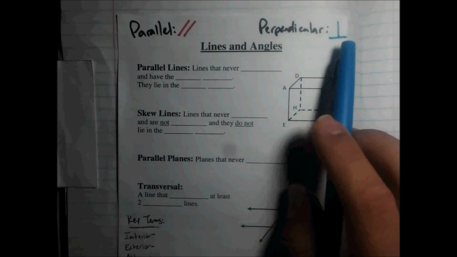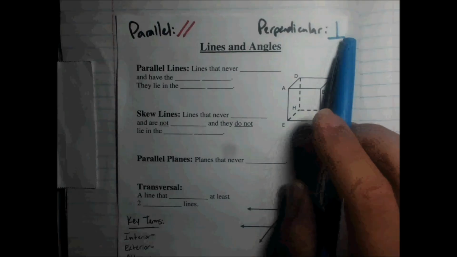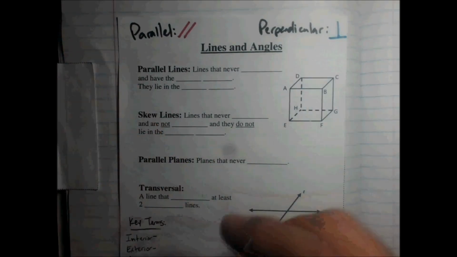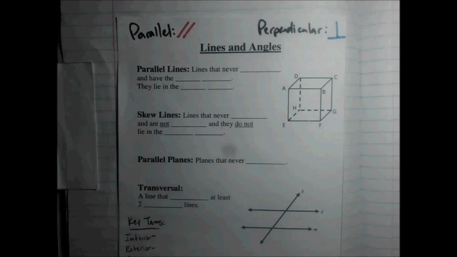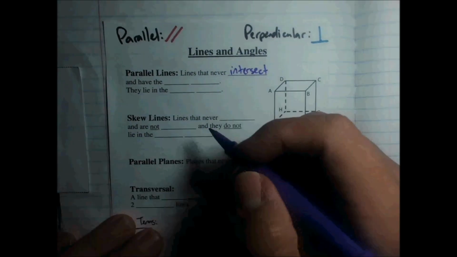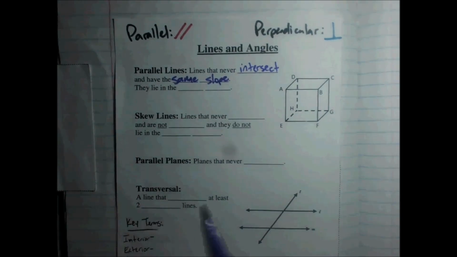All right, so let's get to this. Parallel lines never intersect, and they have the same slope. All right, so they never cross. They go in the same direction. They lie in the same plane. Okay.